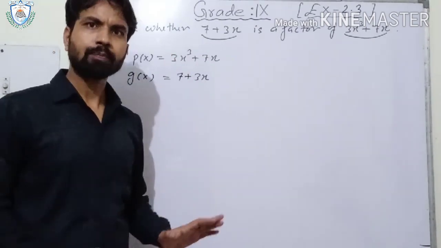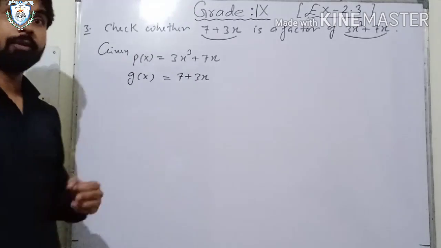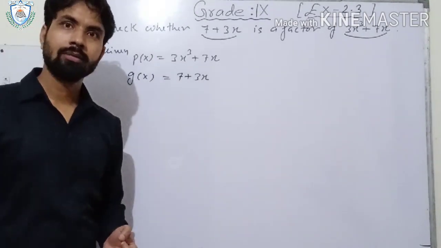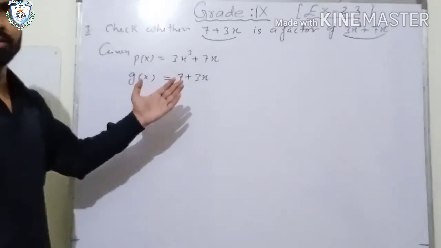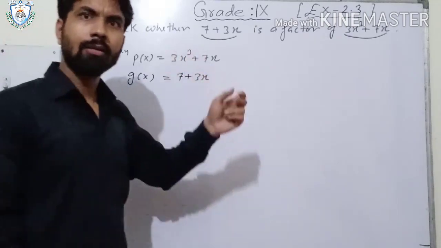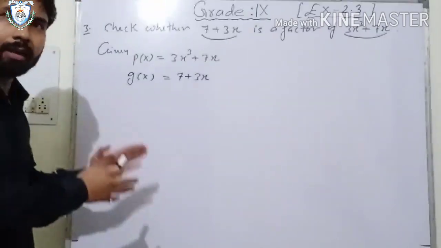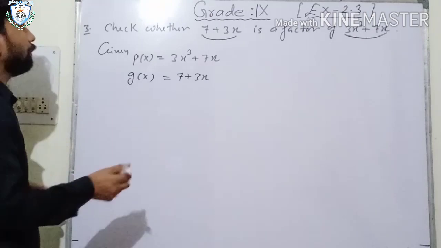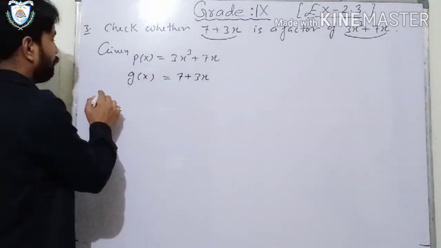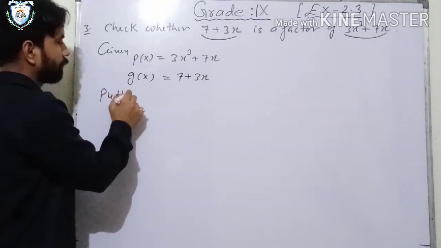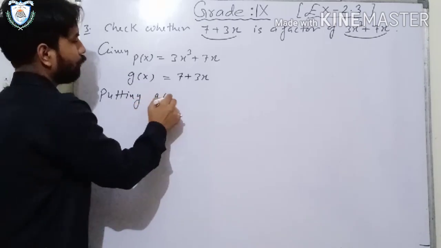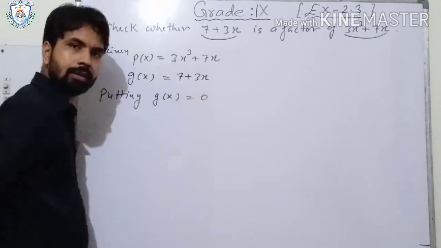Is it clear? Okay. But how can we find whether the remainder is 0 or not? By the same process which we have already followed in the first question. We have to find the remainder only. So how can we find the remainder? Putting g of x equals 0.